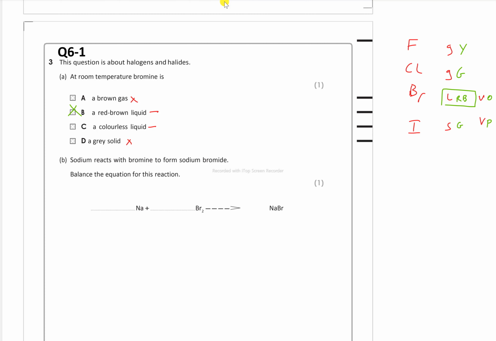Sodium reacts with bromine to form sodium bromide. Right, sodium plus bromine. Remember, bromine is diatomic. That means it runs around in pairs. So how do we remember the diatomic molecules? We say no, and then you've got fluorine, chlorine, bromine, and iodine.